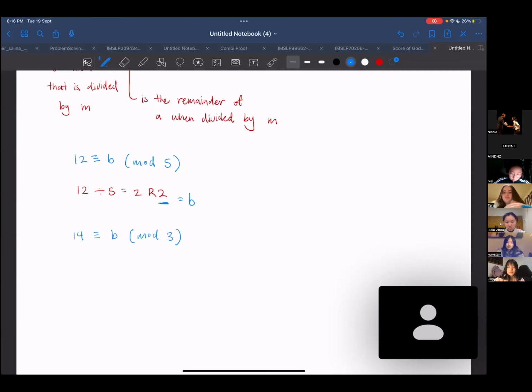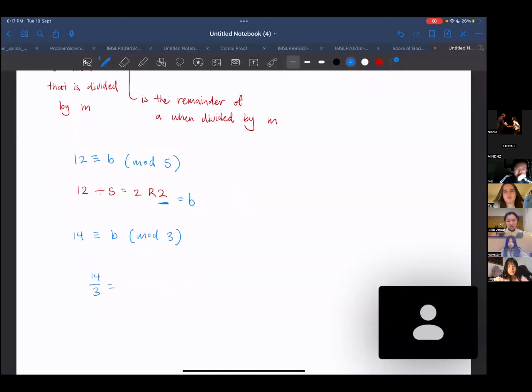Okay, guys, good try everyone who's let me know. So, yeah, the answer would be 2 because we just want to think about what is the remainder when 14 is divided by 3.